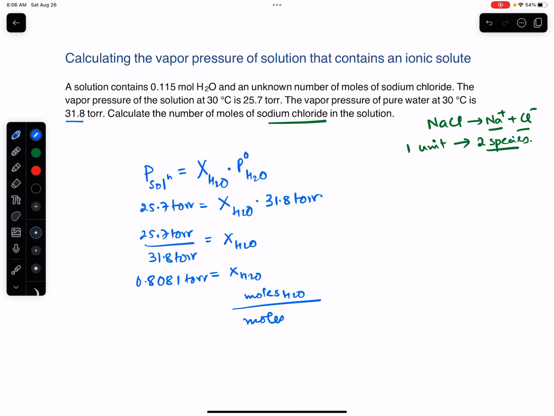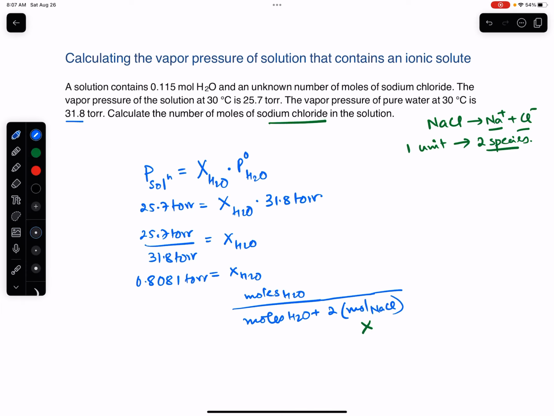So that's going to be moles of water plus, notice carefully, every sodium chloride unit in solution splits into 2, so you're going to have 2 times the moles of sodium chloride. And to solve this problem, let's call that x.